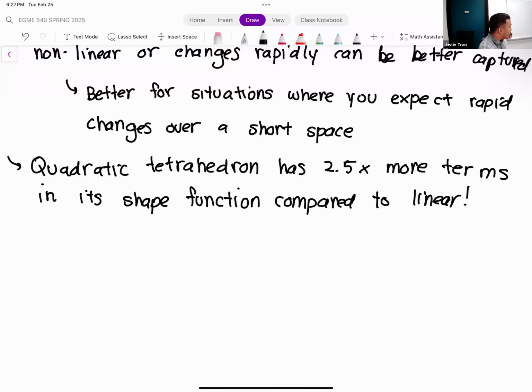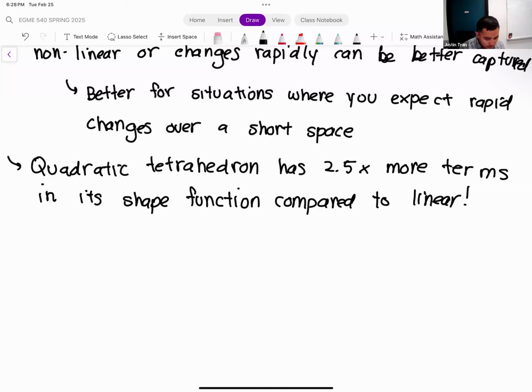The quadratic tetrahedron also still has the simplex property, so you still get the benefit from that. A lot of people think the quadratic tet is a very reliable element. You should be able to get a good mesh out of it, and it's going to have good solution properties. It's just that sometimes it could be a big cost increase over time.